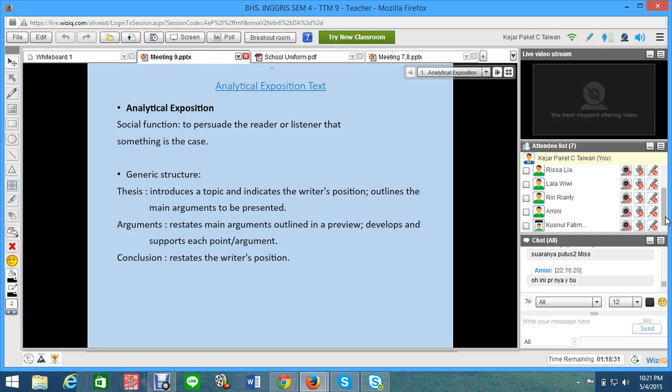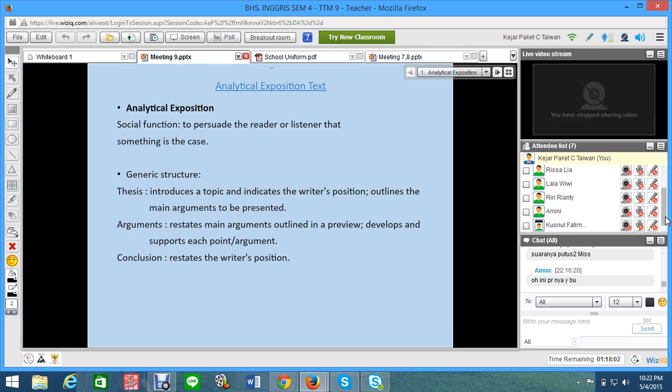Okay, so the function of thesis here is to introduce a topic, indicates what is the writer's opinion, okay, what the writer's position is here, okay, and outlines the arguments to be presented yang ada, yang disampaikan, okay.